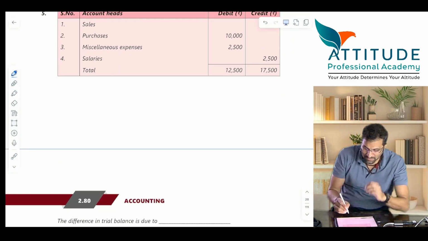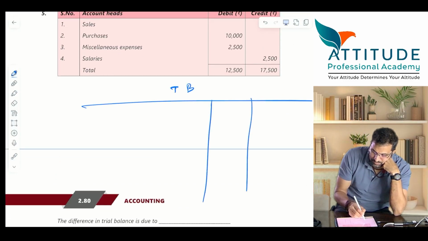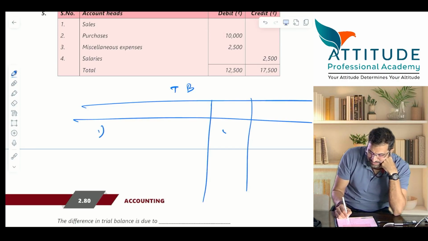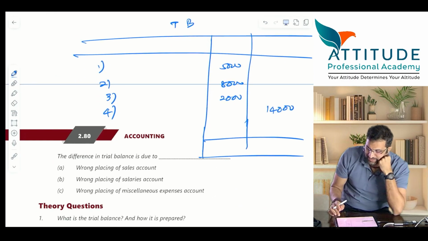I once again repeat. Suppose अगर आपका trial balance tally नहीं हो रहा समझो. Okay, item 1 let us say 5000, item 2 8000, item 3 2000, item 4 14,000. Now only 4 items are there. Total कितना होना चाहिए? 15.